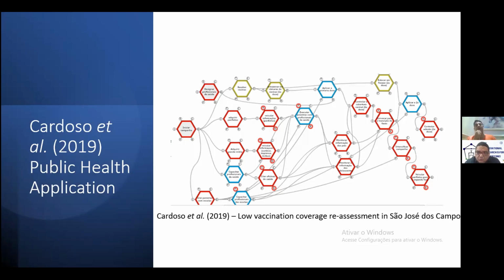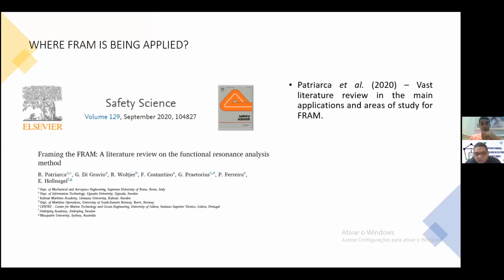This paper was published in 2019 in the Brazilian Operations Research and Logistics event from the Navy. So it's a very interesting approach because Fram can assess old accidents. It can revisit old accident investigations. So that is where Fram is being applied.